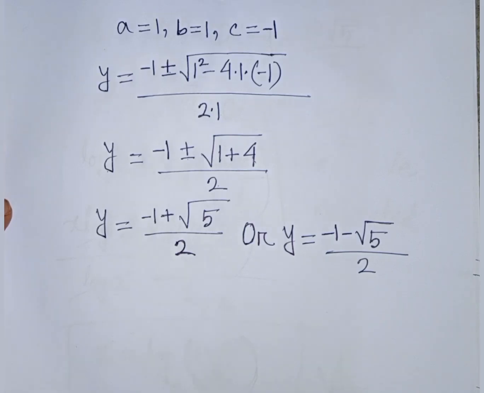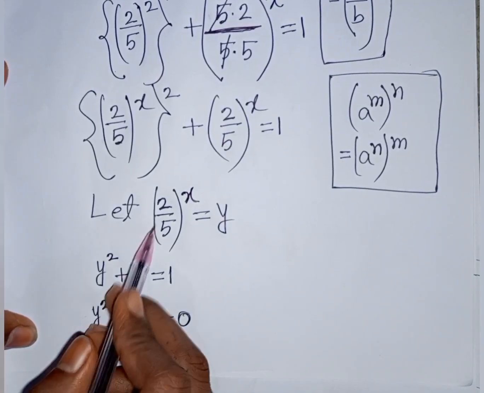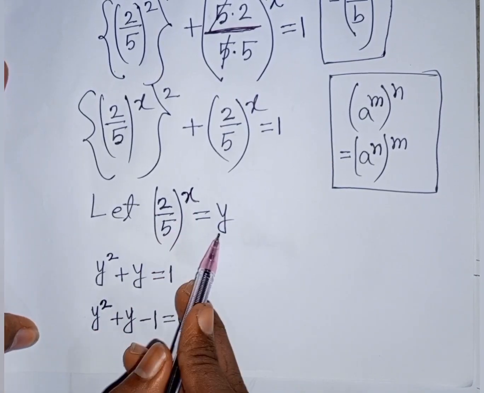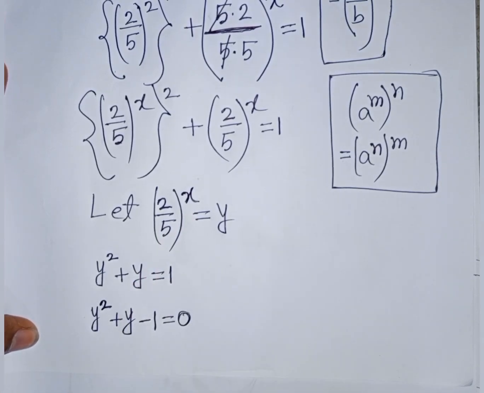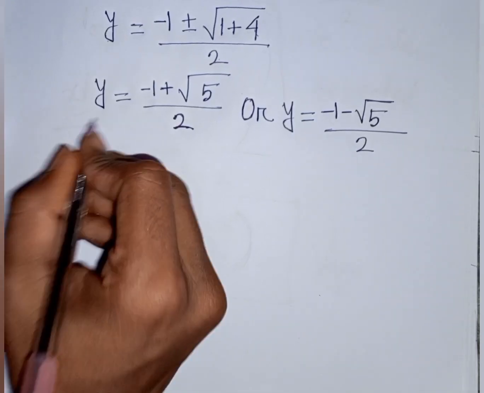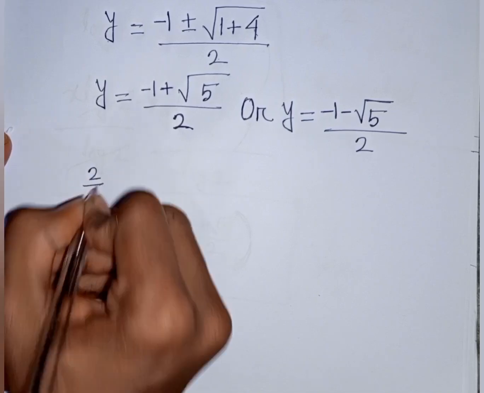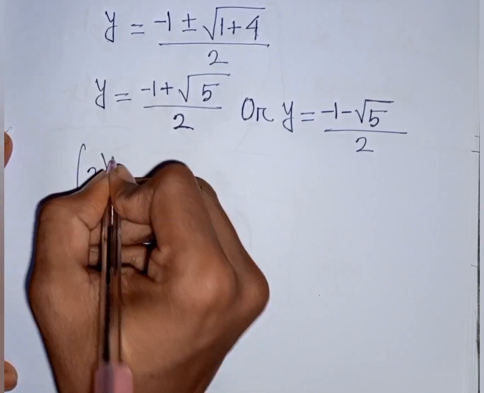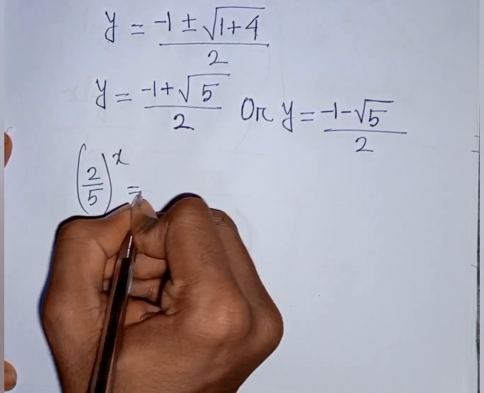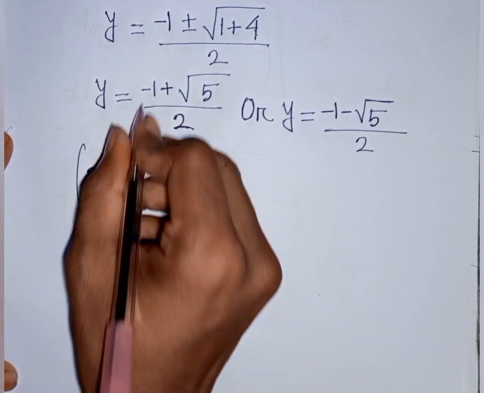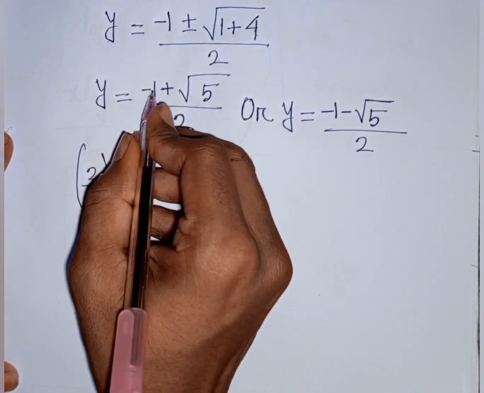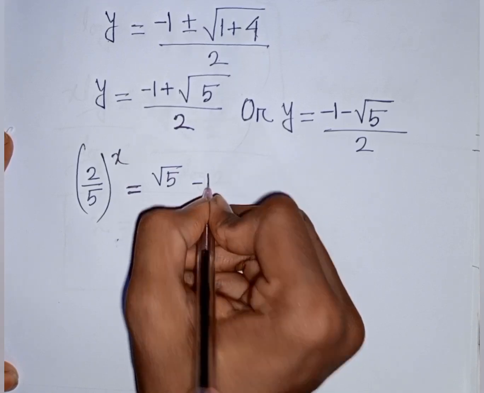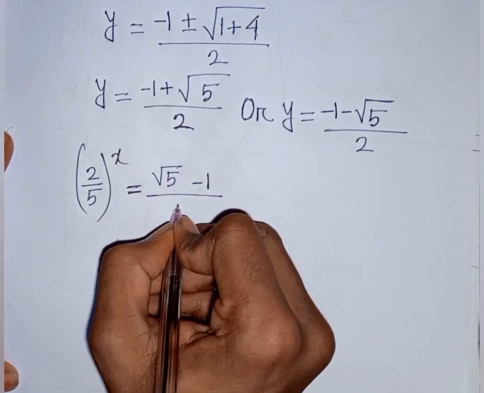But remember that we let 2 by 5 bracket power x be substituted by y. So y, that means 2 by 5 bracket power x, is equal to a square root of 5 minus 1 divided by 2.